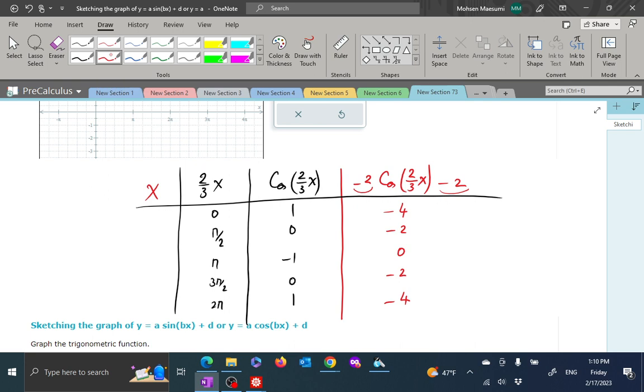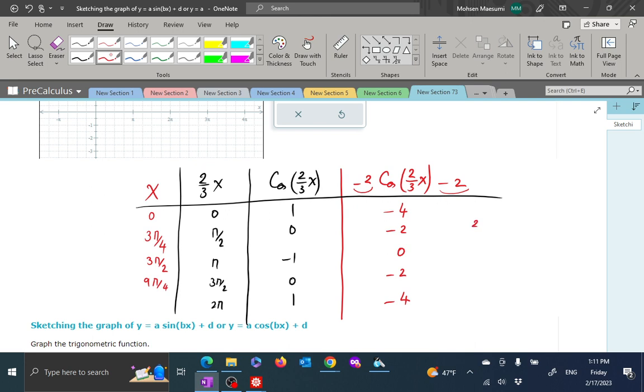How about x? X is 3/2 of these things. That is, take these angles, multiply by 3/2. Multiply this thing by 3/2, multiply this by 3/2, multiply this thing by 3/2. So what am I doing?